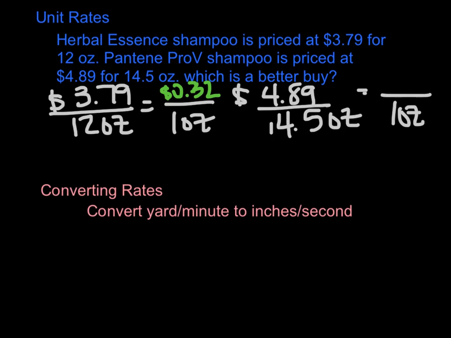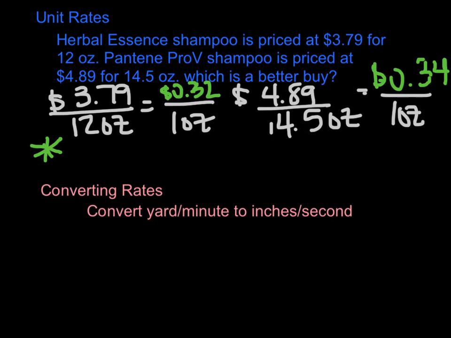When you do the division, $3.79 divided by 12 ounces, you get 32 cents per ounce. And when you do $4.89 divided by 14.5 ounces, you get 34 cents per ounce. So obviously, you would rather only pay 32 cents for something than you would 34 cents. So the better buy is the 12-ounce bottle.